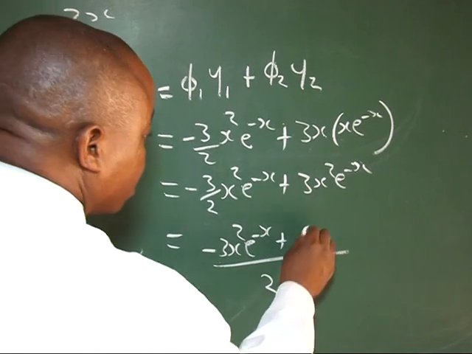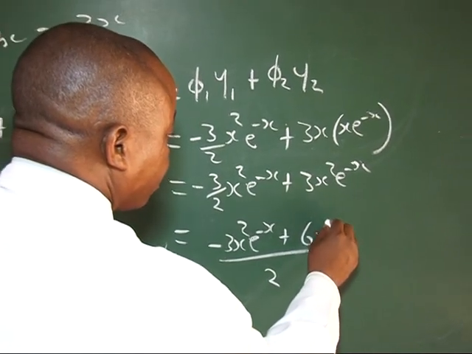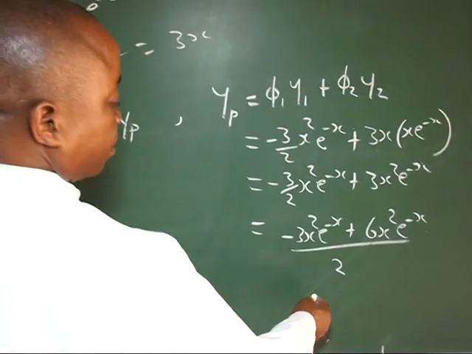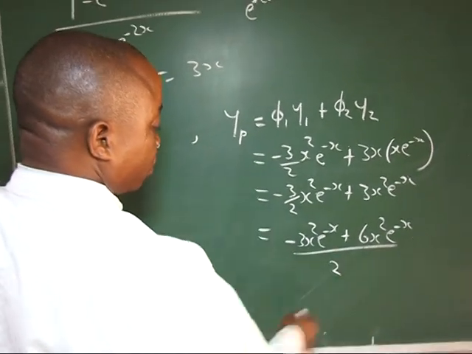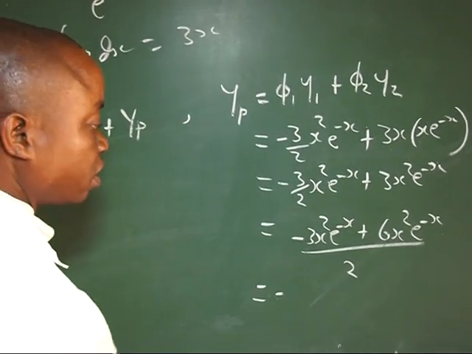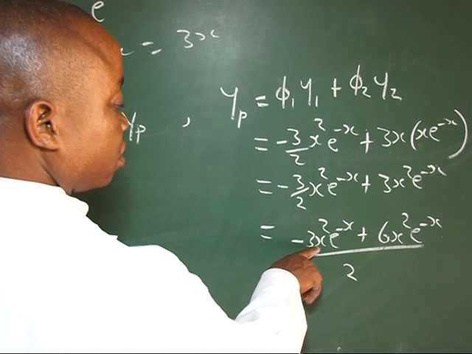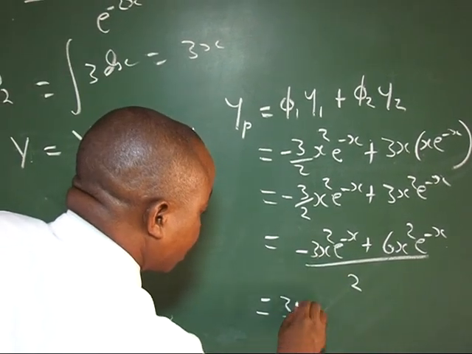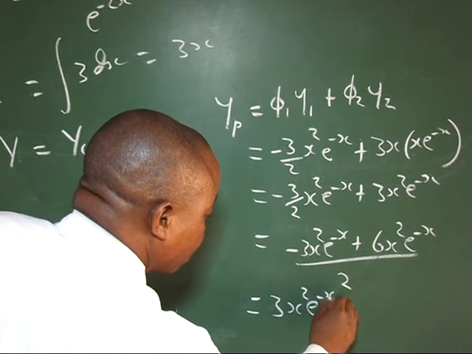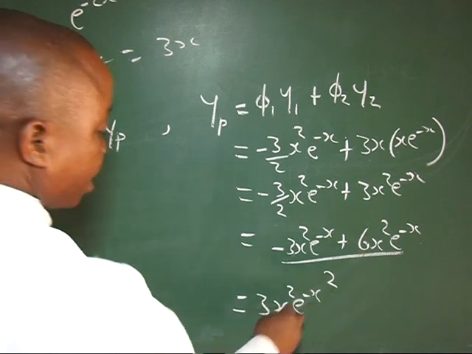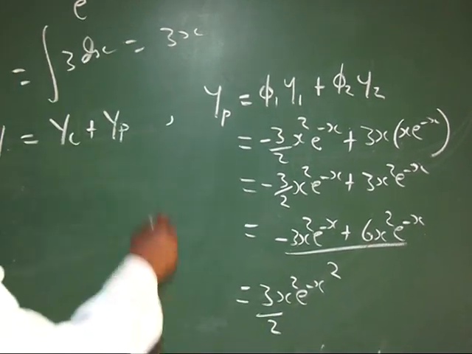And then this is 6x squared exponential minus x, which is the same as dividing it by 2. So the whole thing will have become minus, now look at this. This minus this will give us 3x squared exponential minus x here divided by 2. So that is yp.